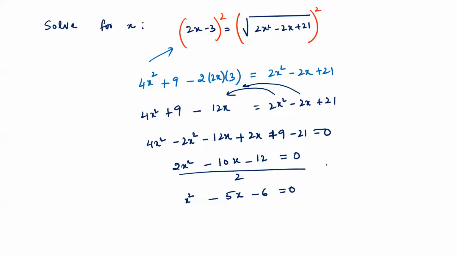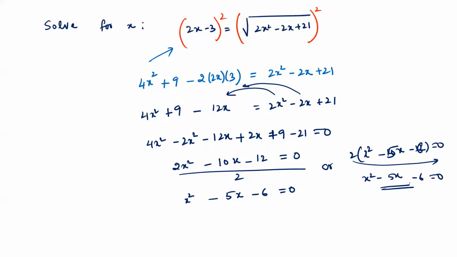You can do it this way, or you can take 2 common and then take the 2 to the other side, which will also give you the same. I'm taking out the common factor here. Is that clear?